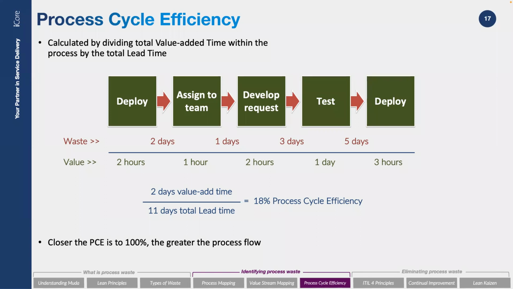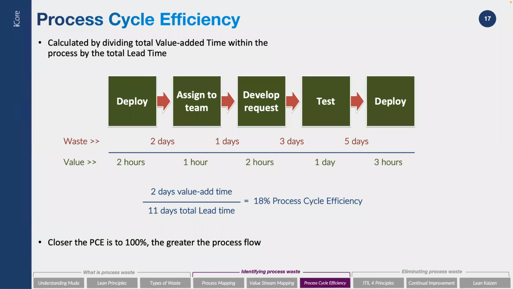Times 100, that gives us 18% process cycle efficiency. Clearly, the closer to 100%, the better your process is going. But in all truth, in order to get there, you need to do a lot of automation and a lot of streamlining.